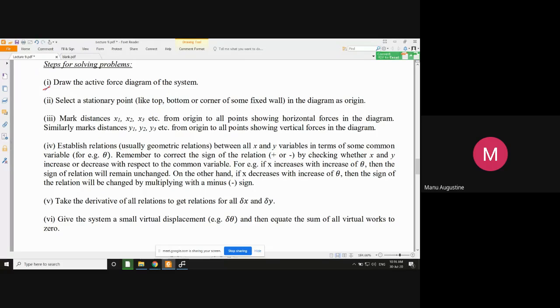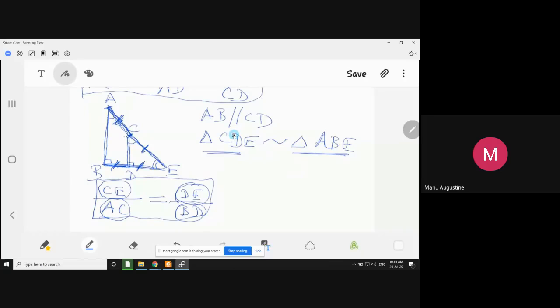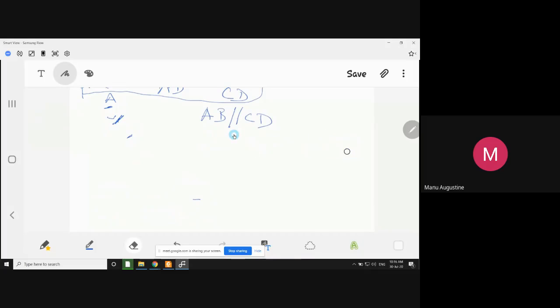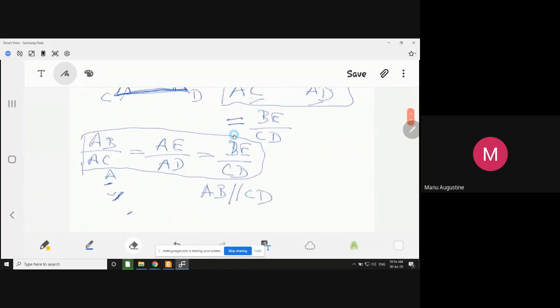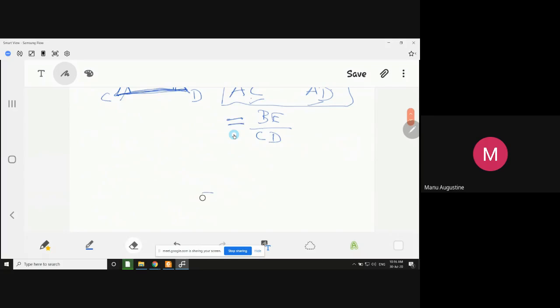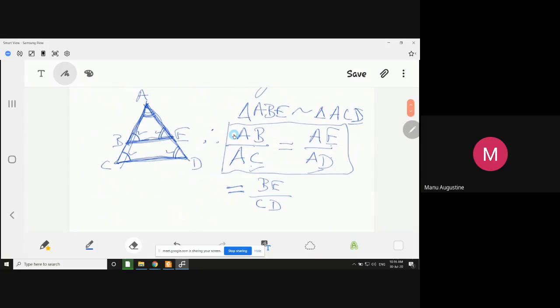The first step is draw the active force diagram of the system. Okay. Now let us draw the active force diagram of your ladder. And let me once again remind you what is the meaning of active force diagram and how it is different from a free body diagram.